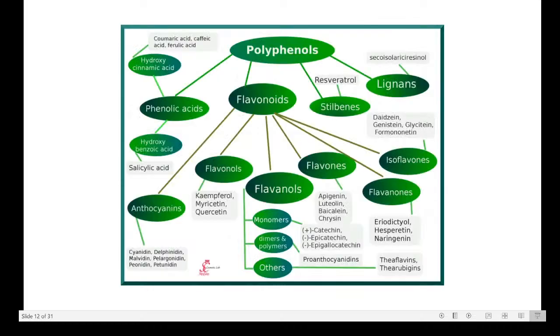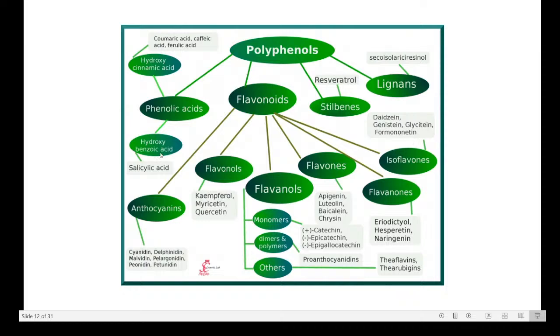And I mentioned polyphenols. So polyphenols have some groups: polyphenolic acid, flavonoids, stilbenes, lignans. Lignans have another subgroup type.